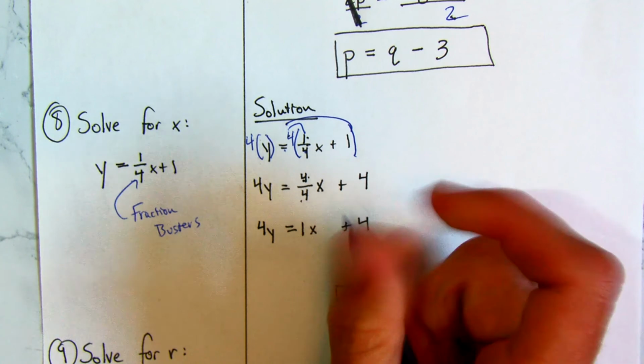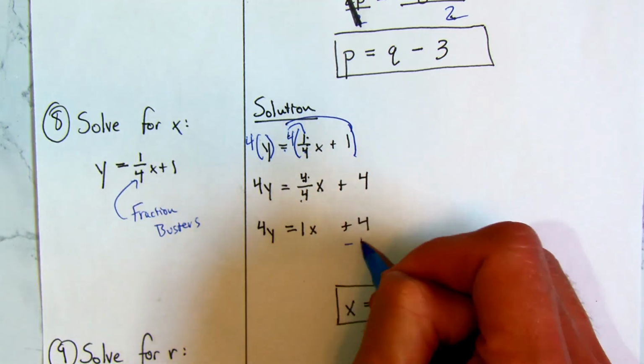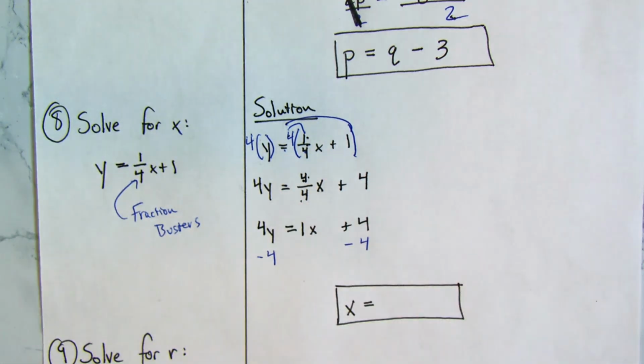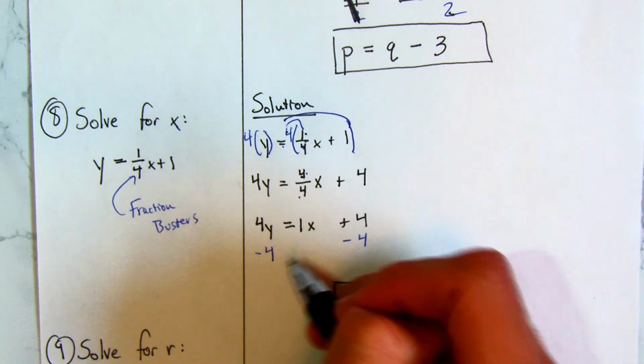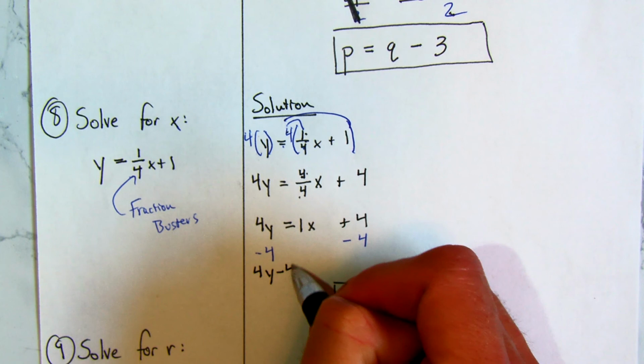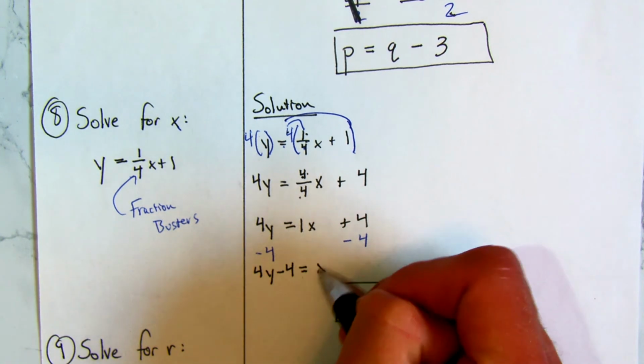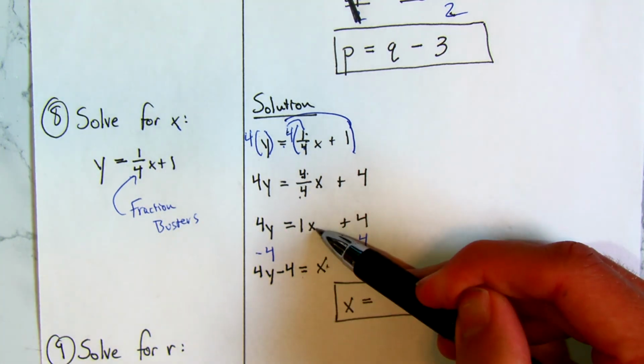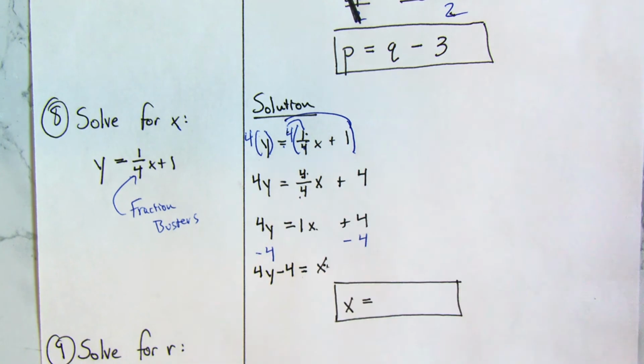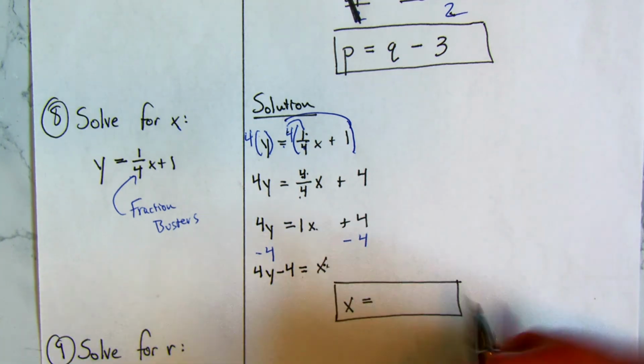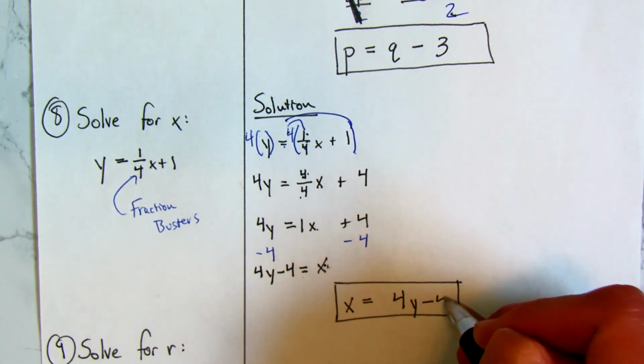We want to get x alone. We want to solve for x. So let's take away 4 from each side. This is 4y minus 4 equals x, which is the same thing as 1x. So we're actually done. This is it. x equals 4y minus 4.